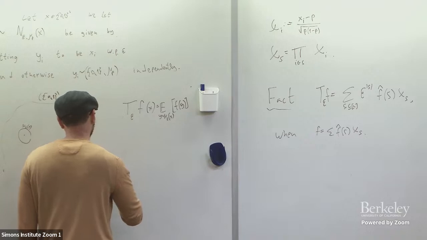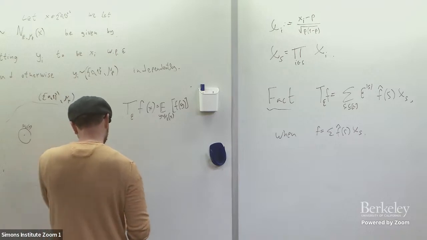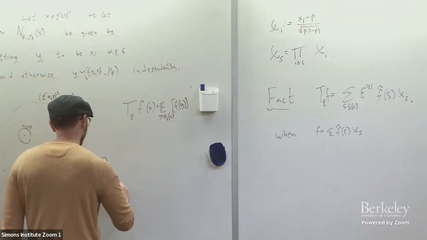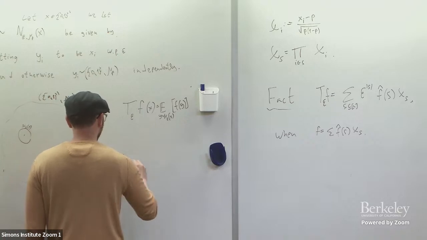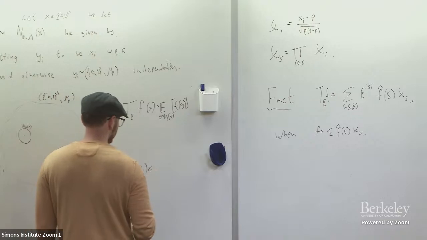We can choose x according to mu_p, and let y be a noisy version of x. And then we can compute the probability that (x_i, y_i) is some vector (a, b).